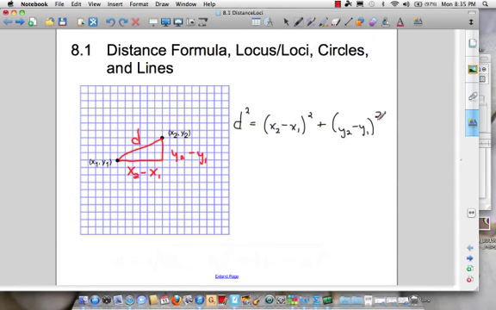And what we really want is not the distance squared, but the distance. So we take the square root of each side. There's no need for a plus or minus when we take the square root of each side because we understand distance to be a positive amount. So we mean the positive square root, of (y2 minus y1) squared. And there you have it.